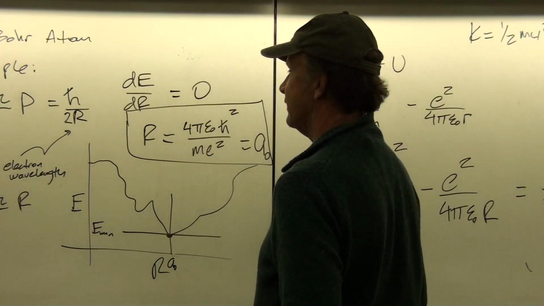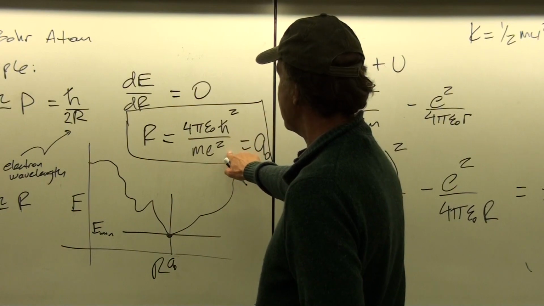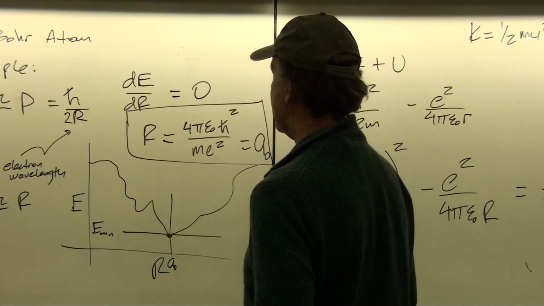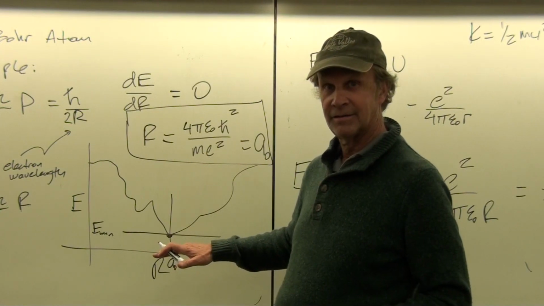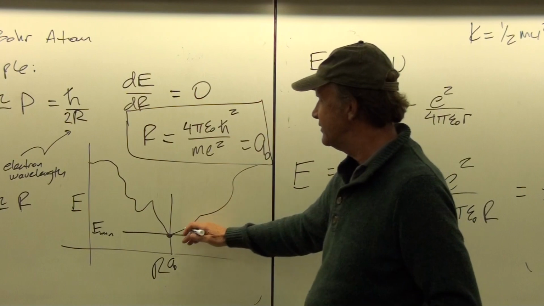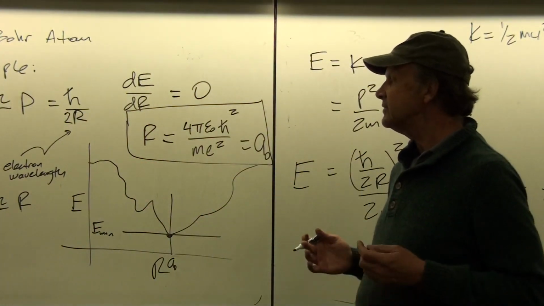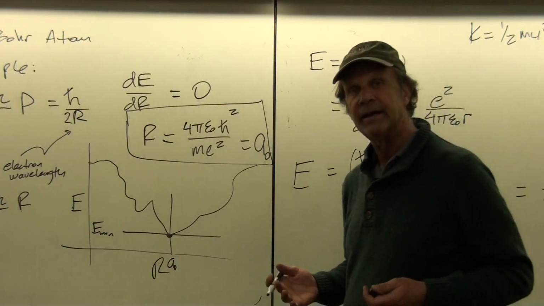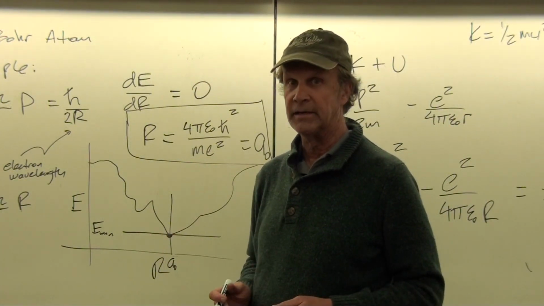And so what does that tell us? Well, it tells us that this is the most stable place. And so why would it want to radiate energy if it's already at its lowest state of energy? Okay, and so by looking at this from a wave properties, we can say that by having a minimum energy at the Bohr radius, it's not going to want to radiate energy if it's at any other value other than the Bohr radius.